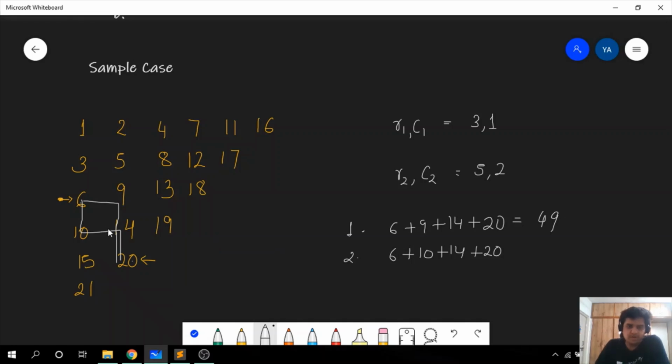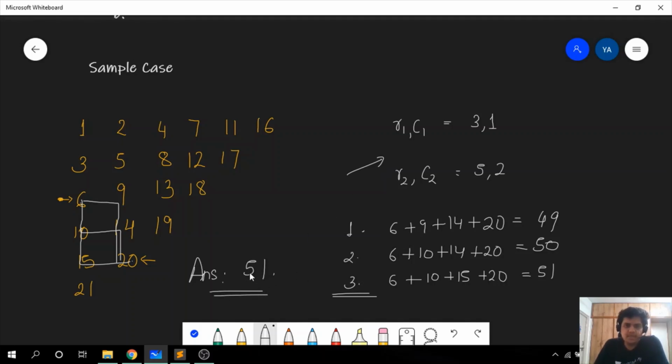The value of this path is 16 plus 14, 30 plus 20, which is 50. Now the third path is 6, 10, 15, 20. So 6 plus 10 plus 15 plus 20. This path has sum equal to 51. So the third path has maximum sum. Therefore, our answer for this test case is 51.